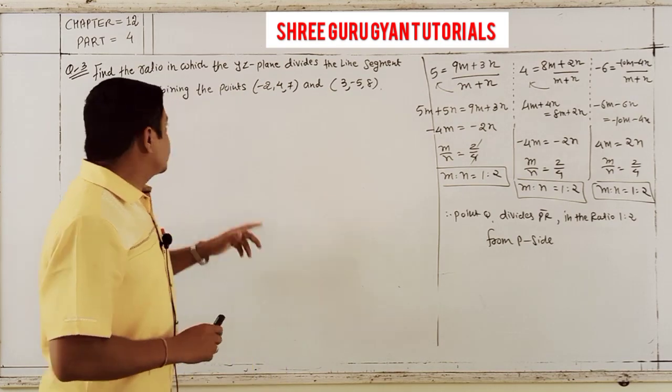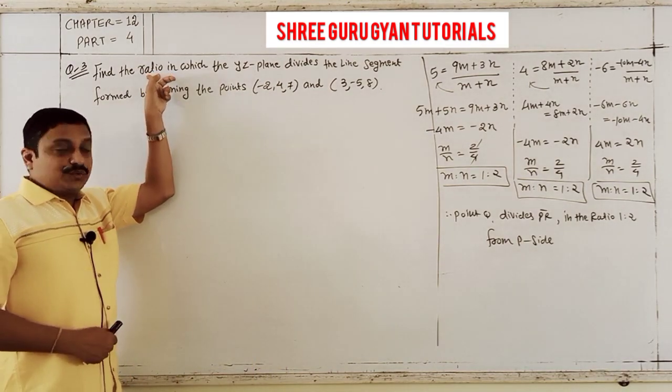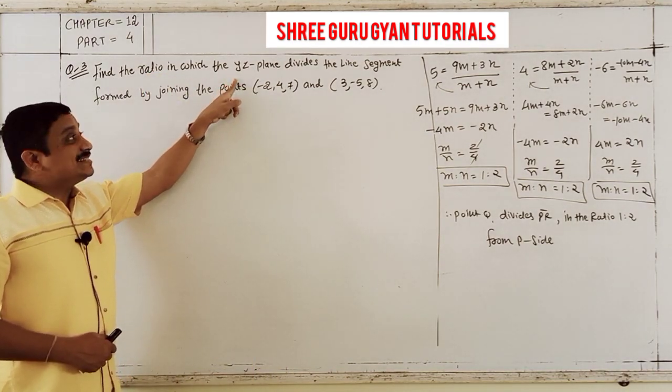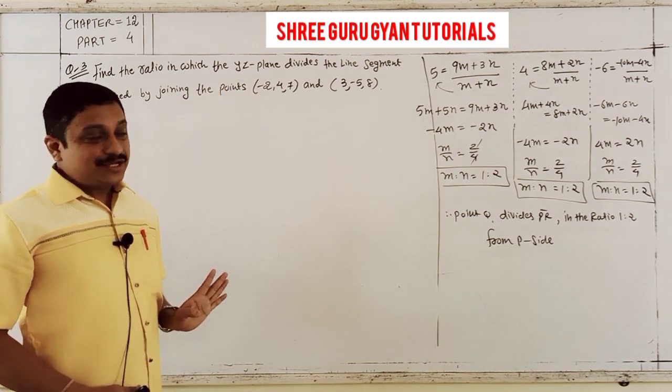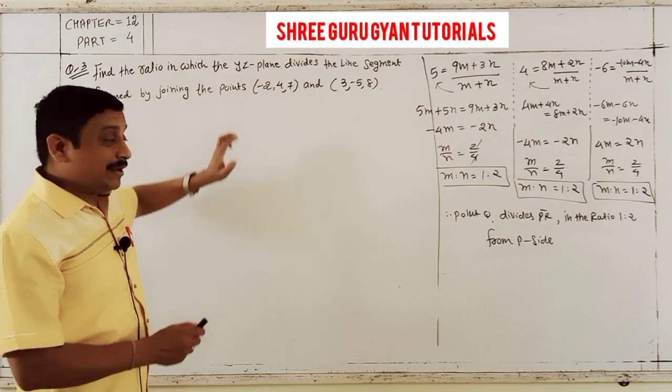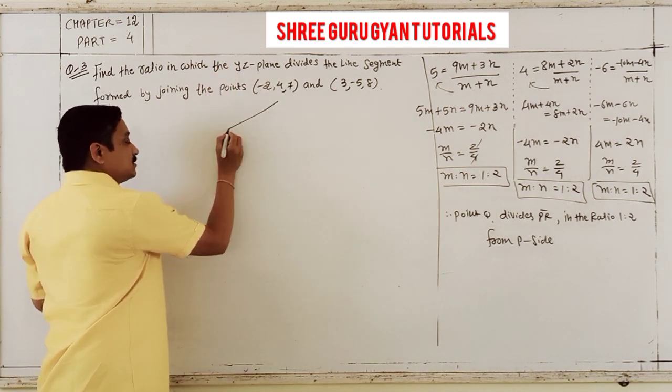So students, question third: find the ratio in which the YZ plane divides the line segment joining A and B. You have clearly been given the YZ plane, so I will draw that.